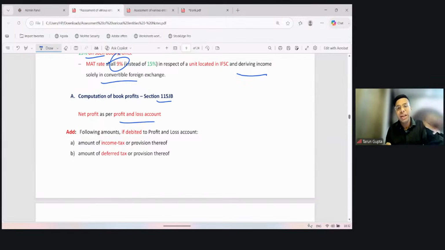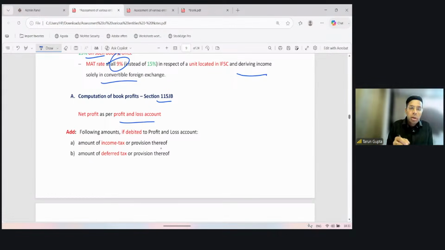The P&L prepared for the purpose of the Companies Act and for the purpose of section 115JB are the same. These policies, standards, methods and rates are the same as adopted by the company for presenting the accounts in the AGM.